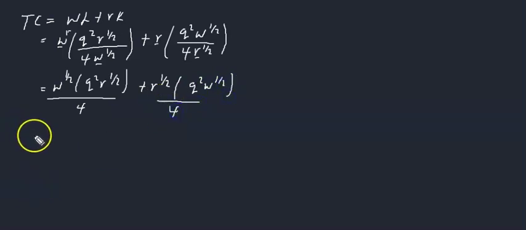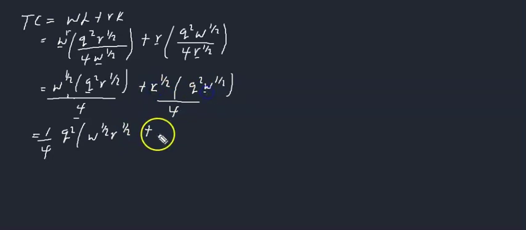And we can notice something here. The 4 and the Q squared are common, so we can factor out that. We have 1 over 4 Q squared. Then we're going to remain with here, we'll have W half, R half, like that. Then in here, multiplying that and that, we're going to remain with half W half, like that.